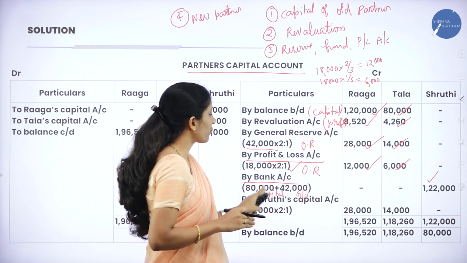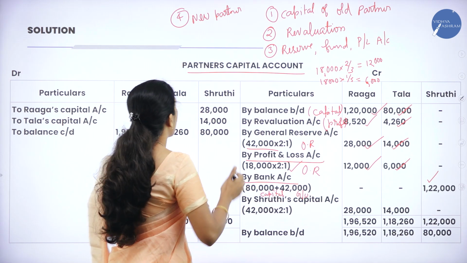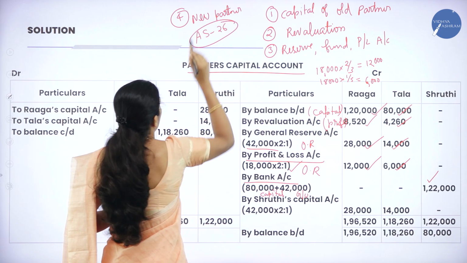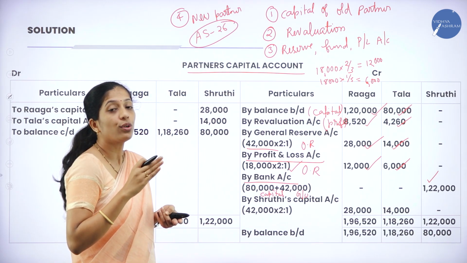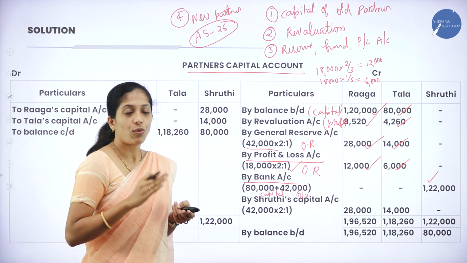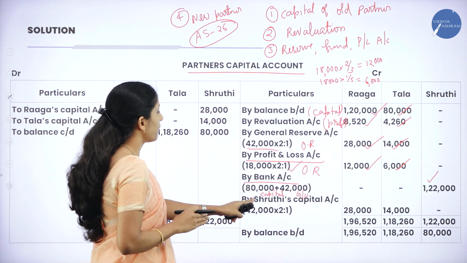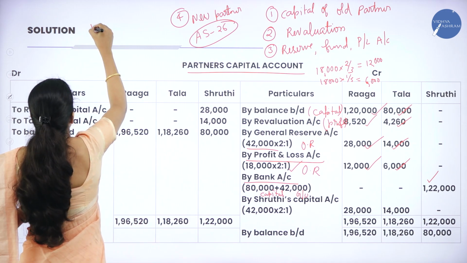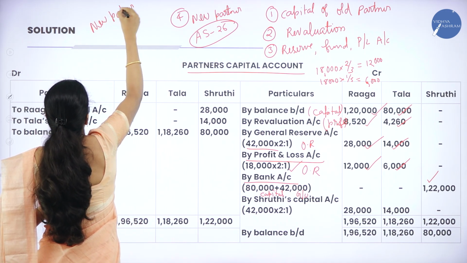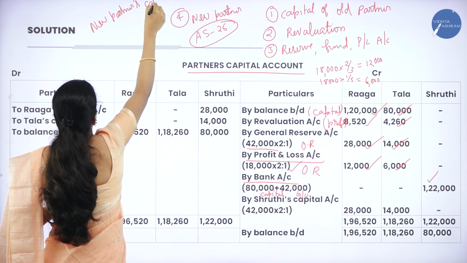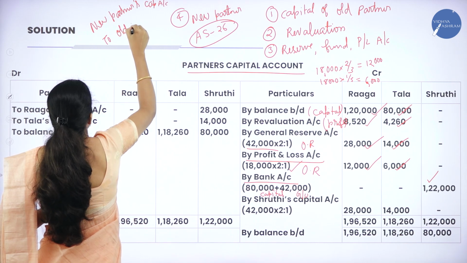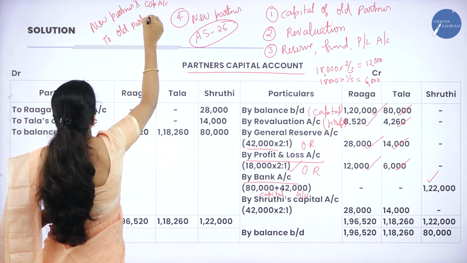Now we have to treat the goodwill as per Accounting Standard 26. So we are going to treat the goodwill according to Accounting Standard 26. In that situation, your entry will be: new partner's capital account to old partners' capital account.